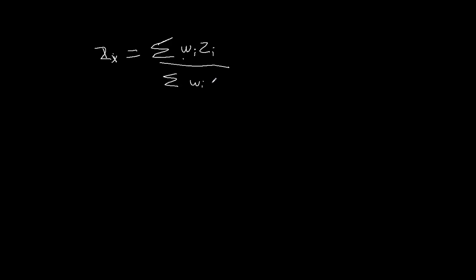Now, what is this weight? That's kind of the critical part. What is this w sub i? Well, w sub i is simply going to be 1 over the distance between the point x and point i, raised to some power we're going to call alpha.